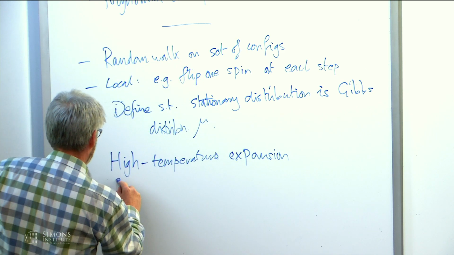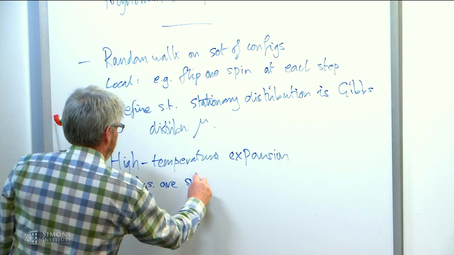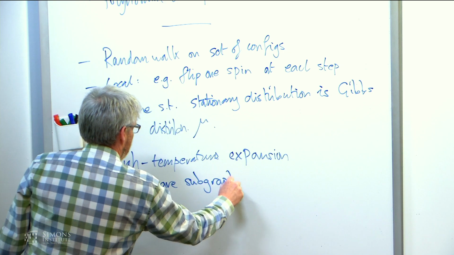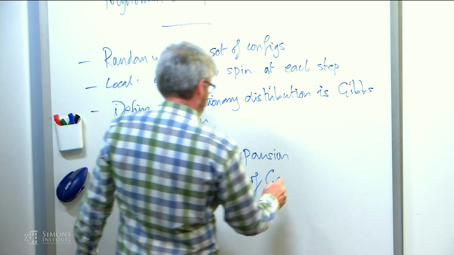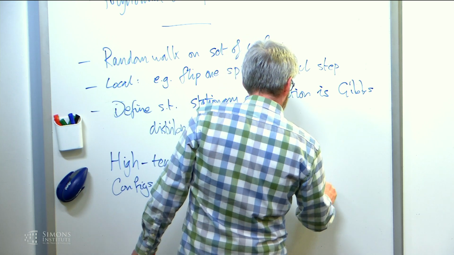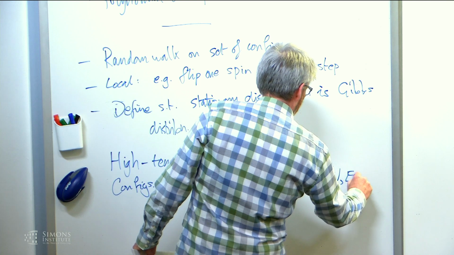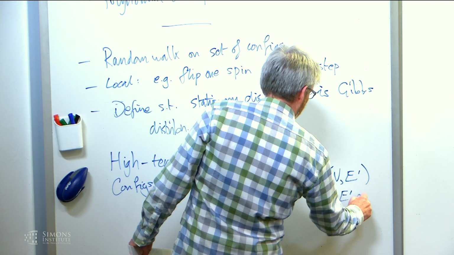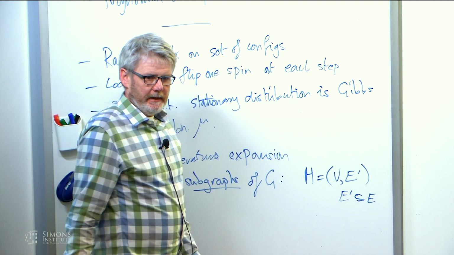So now the configurations are subgraphs of G. Okay, so they're of the form, say, H = (V, E'), where E' is a subset of the edges of the original graph, and you keep all the vertices around.